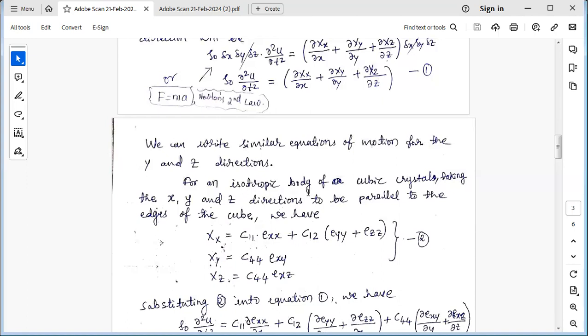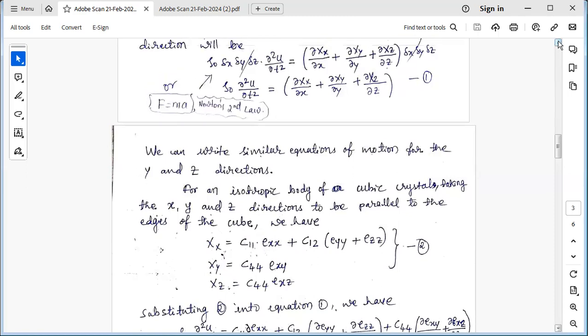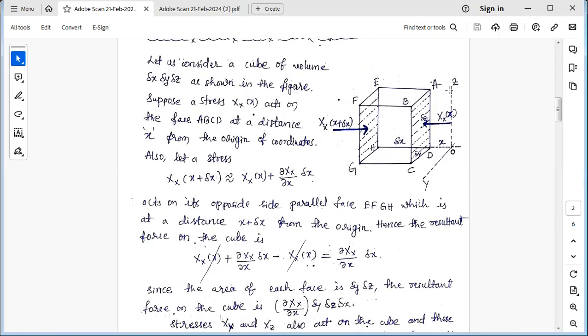So for an isotropic body of cubic crystals, taking the x, y and z directions to be parallel to the edges of the cube, as shown earlier. So these are the edges of the cube, and the x-axis, y-axis, z-axis are parallel to these edges.